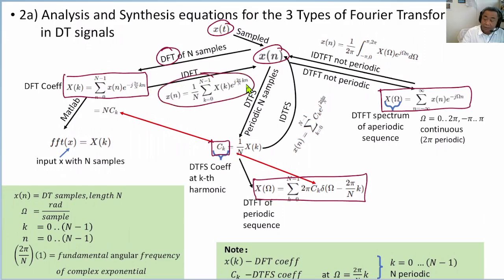So these are the two things that MATLAB will give you: DFT and inverse DFT. We call them FFT and IFFT, the fast versions of DFT and IDFT. The rest, actually, MATLAB couldn't help you to solve. So please get these arrows as well as the direction of how we can go from one representation to the other. Thank you.